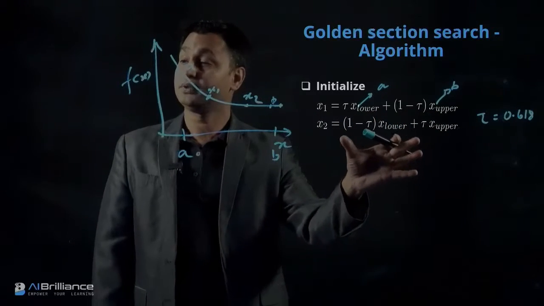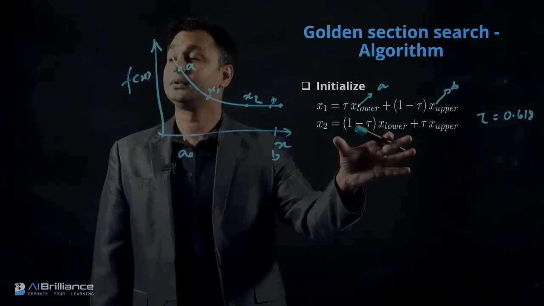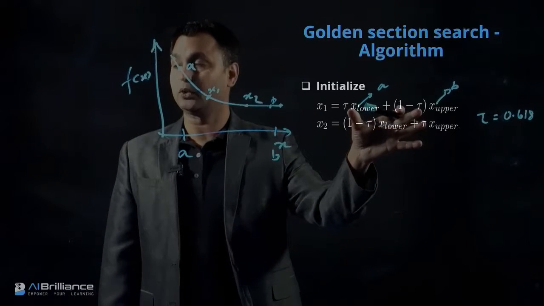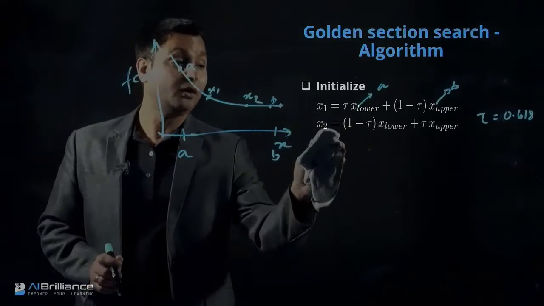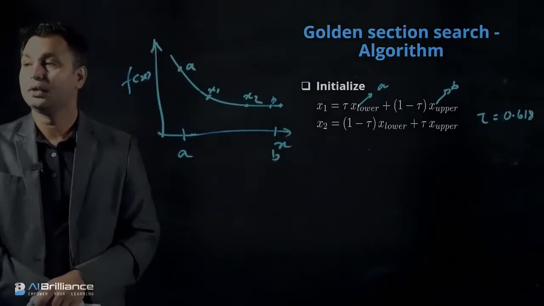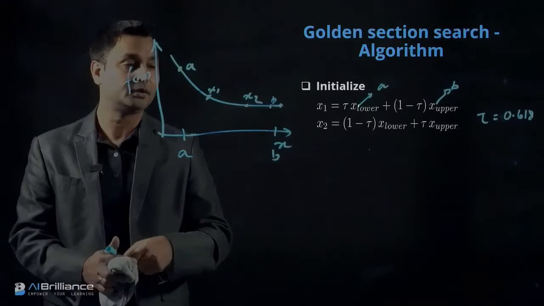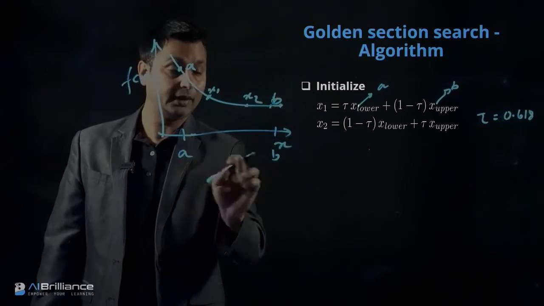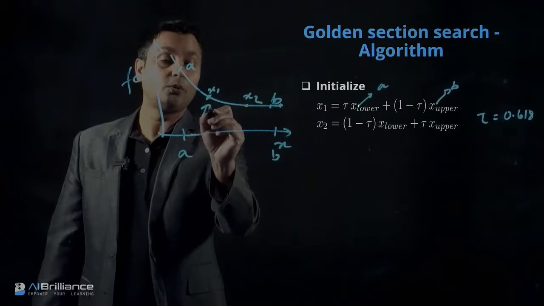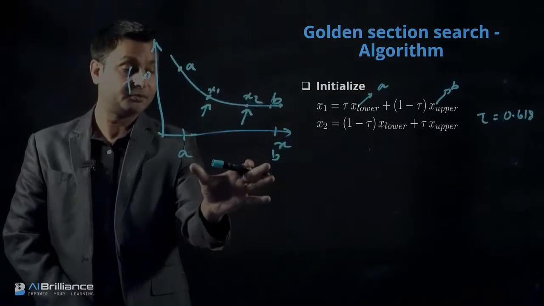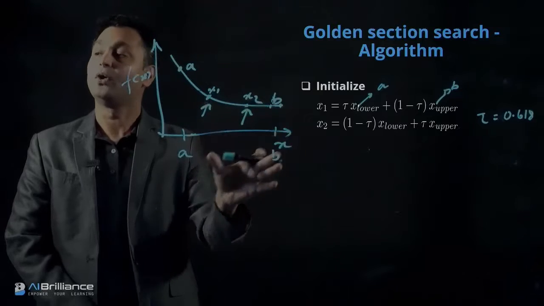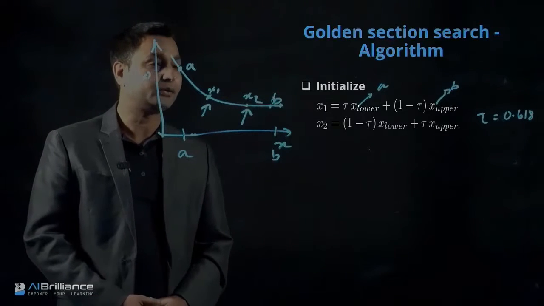Similarly, we have an equation for x2, which is different from the equation for x1, and using it we can compute the value of x2. This is how, in the first iteration, given the bounds A and B, we generate two points x1 and x2 within this bound for the golden section algorithm to work.